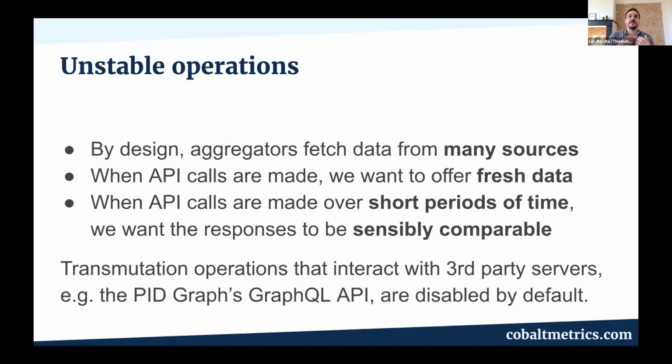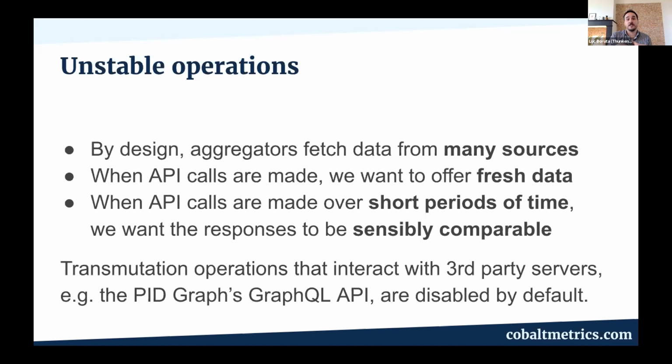In Cobaltmetrics, when API calls are made, we want to offer fresh data every time you call the service. At the same time, when you make API calls over short periods of time, we want the responses, meaning the data that you get, to be sensibly comparable, because we keep updating the system and we want to give you some control over both the freshness and the comparability of the data that you get.